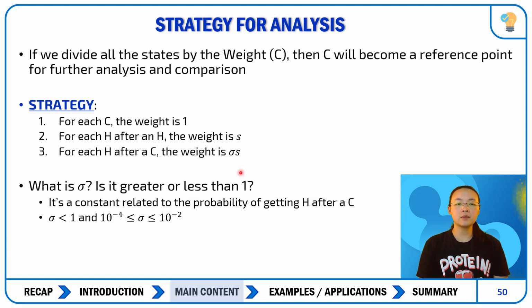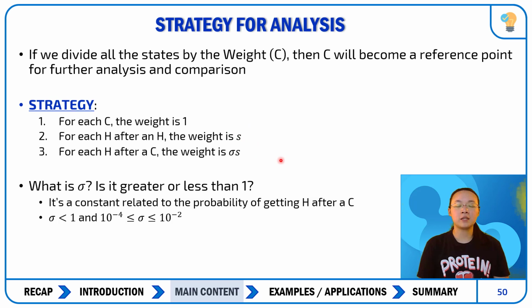So this means the value of sigma, because it's defined as a parameter for every H occurring after a C, this statistical parameter must be less than 1 so that the statistical weight of H after C is less than H after H. So that forces this statistical weight to have a value less than this one.